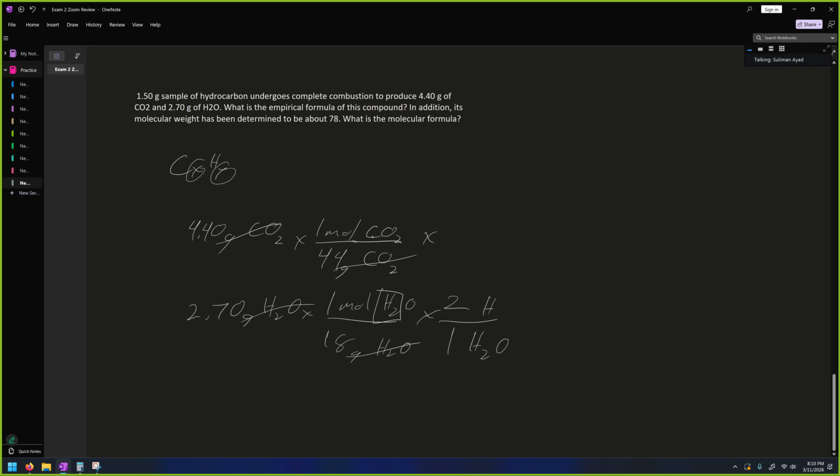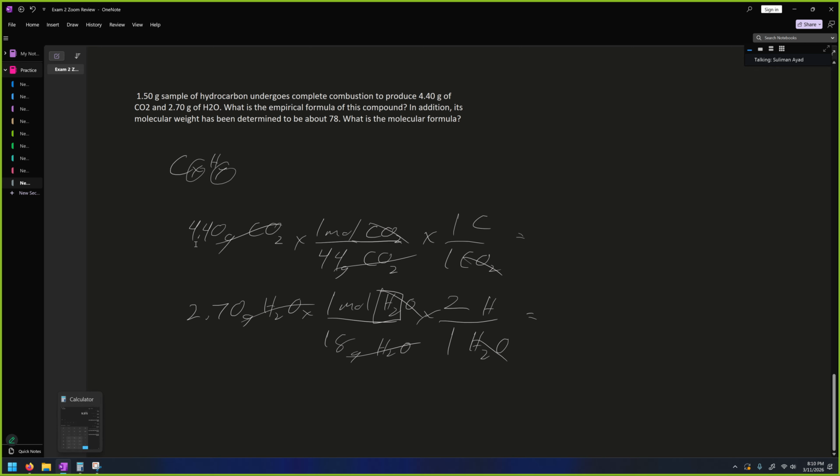Similarly here, CO2 just has the 1 carbon, so I'll say that there's 1 carbon for every 1 CO2. Then I can just go ahead and solve. So the CO2 will cancel, the H2O will cancel. That'll tell me how many moles of carbon and moles of hydrogen I have in these 2 reactants.